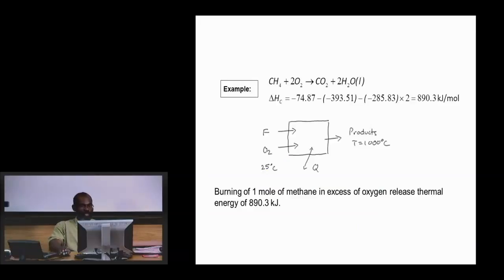This example is going to be available where, again, we have methane combustion. We can calculate the heat of combustion in terms of the enthalpies of formation, or we can find them by lookup tables. And we find out the amount of energy that's released in this process for this particular reaction system.